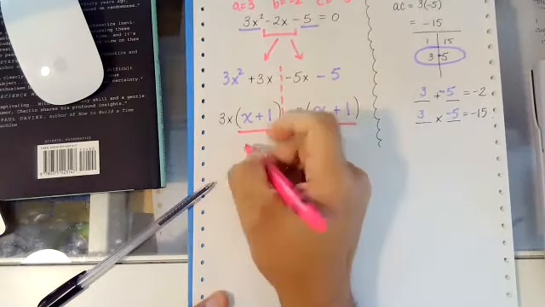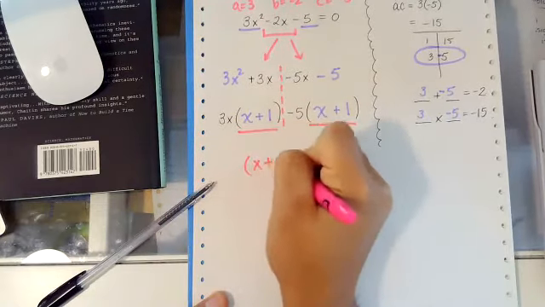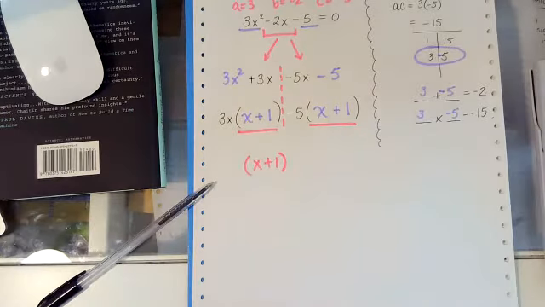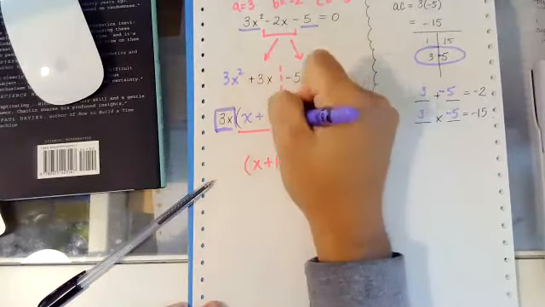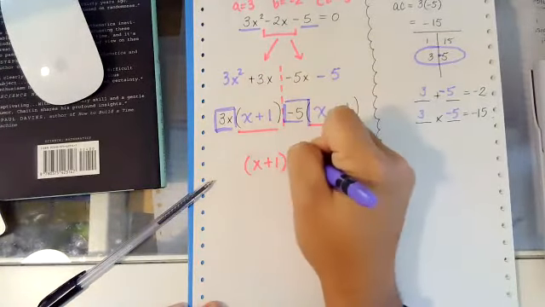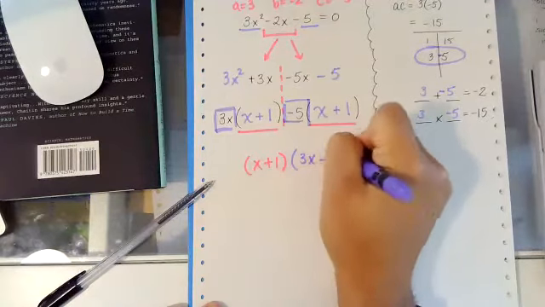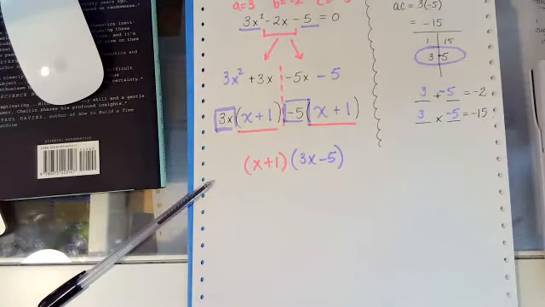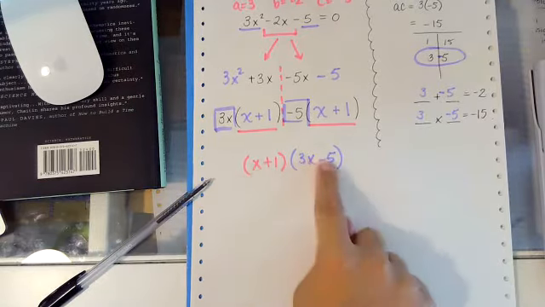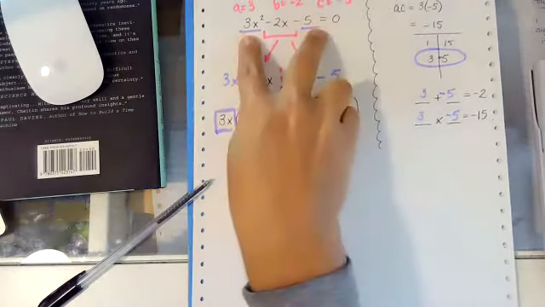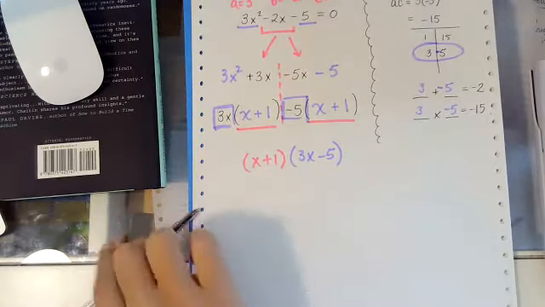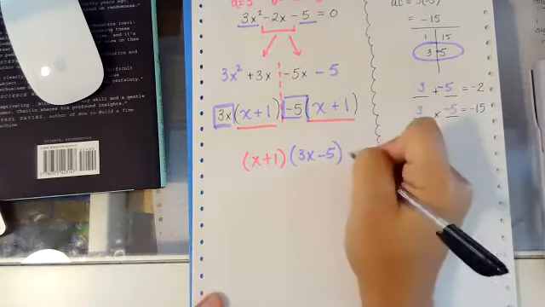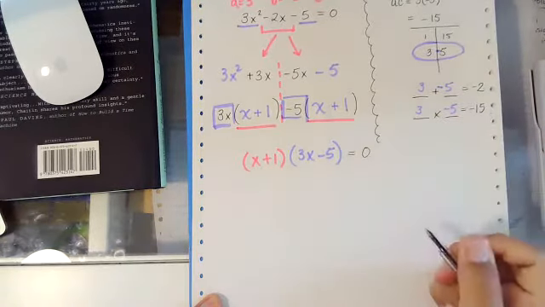So we can factor out x plus 1 since it's the greatest common factor. And the 3x minus 5 is your other remaining factor. And sure enough, if you wanted to, you can multiply these out and you would get this original trinomial. So we have factored our polynomial now, and you just have to remember that this is equal to 0.